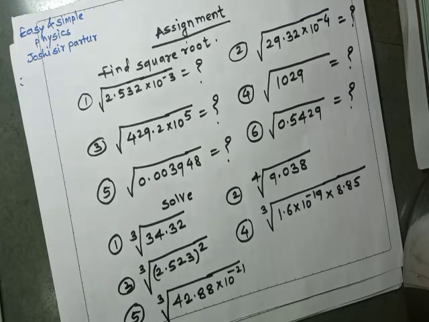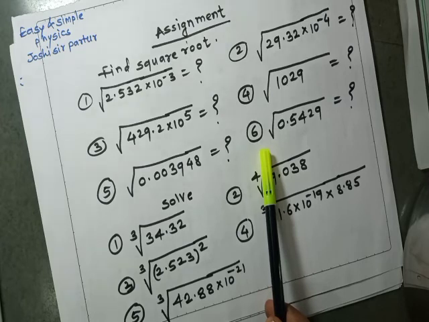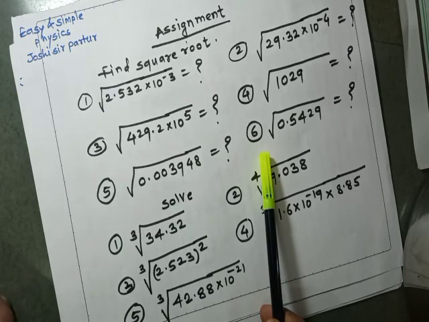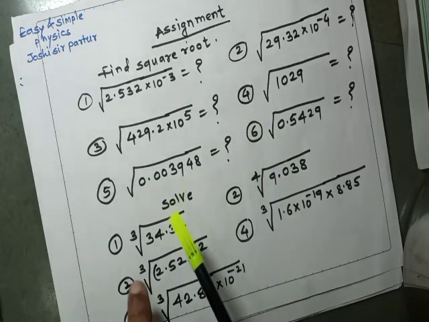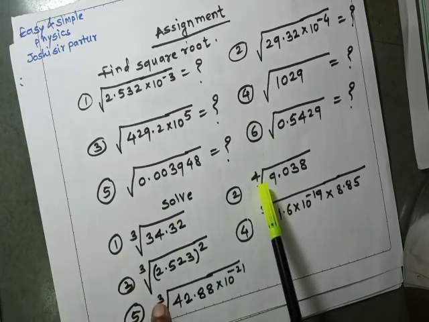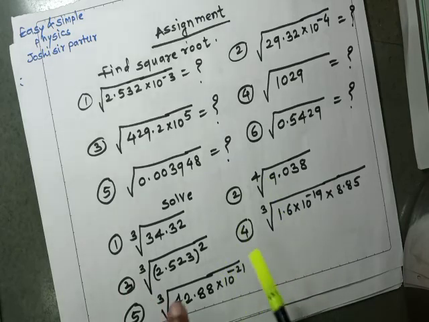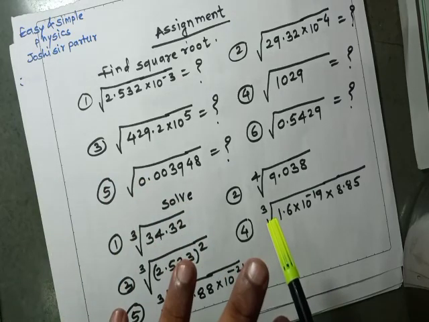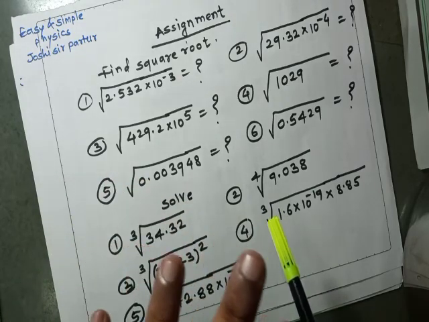In these questions, 6 questions determine the square root by using the log table. But cube root and fourth root can be determined by using logarithm as well as antilog, log as well as antilog.